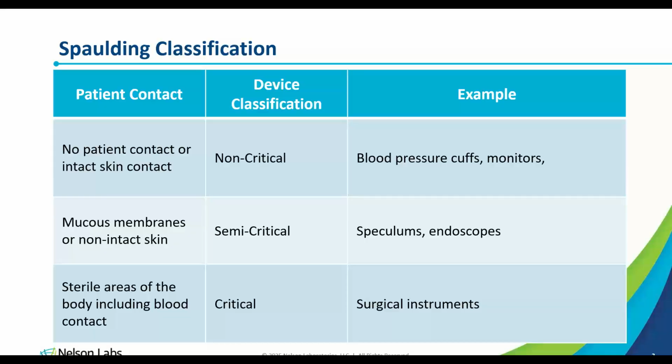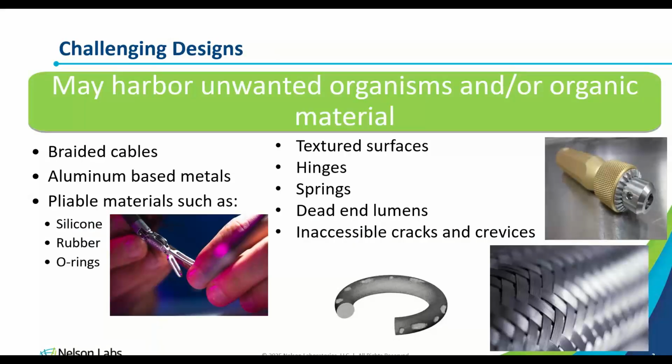But each of these types of devices comes with its own struggles and challenges when it comes to device design. There are some common challenging designs to be aware of, though not necessarily avoid.